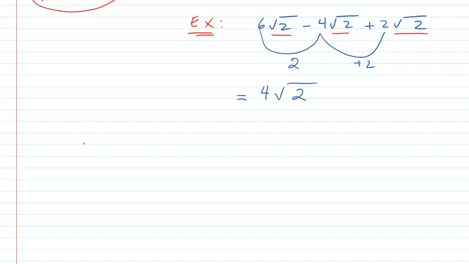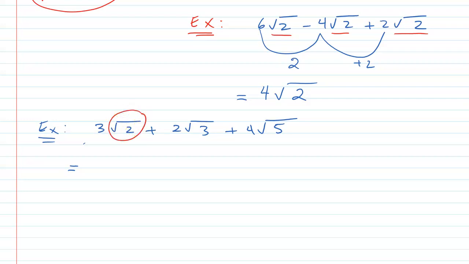Let's look at another one. This time, let's look at 3 root 2 plus 2 root 3 plus 4 root 5. We want to simplify and add these radicals. The very first thing we have to do is make sure there are like radicals. Are there? Well, this one is root 2, this one is root 3, and this one is root 5.